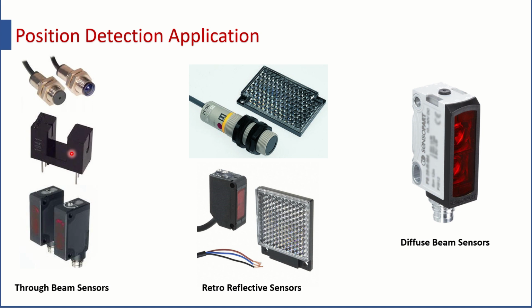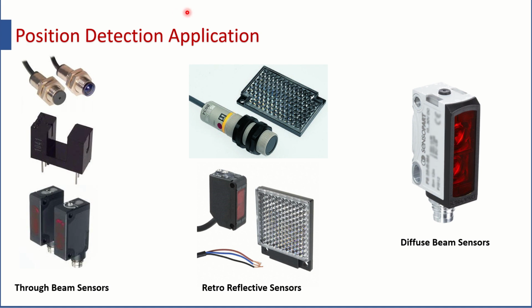Here you can see the source and detector are mounted on the two limbs of the structure. This is one limb of the structure, this is another limb, and this is particularly used for rotating discs with orifices.